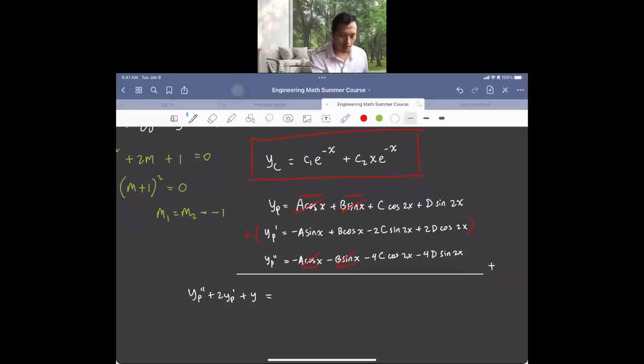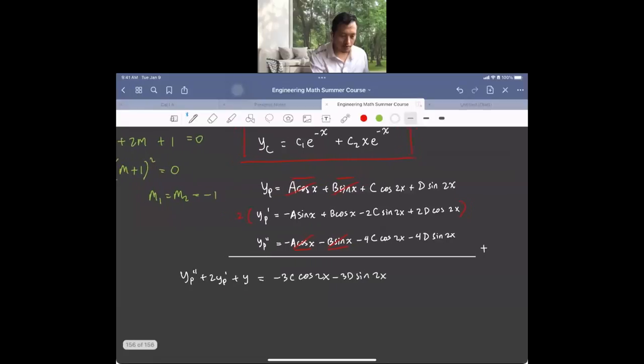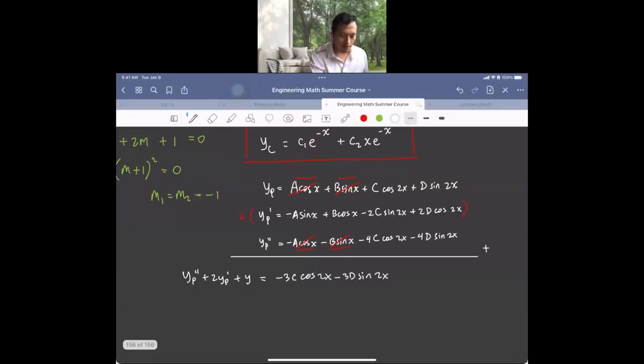My preference is to always write like this so I can rearrange more easily rather than horizontally. If you make this horizontal from left to right, it's really long, and maybe you cannot see the variables. So negative 3c cosine 2x and negative 3d sine 2x. I will write this one first, and then write the middle one.